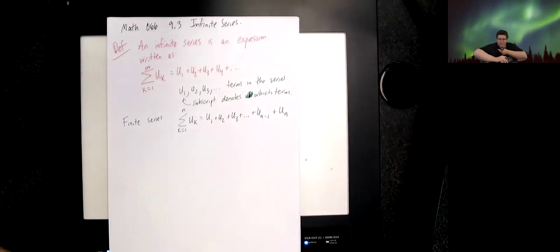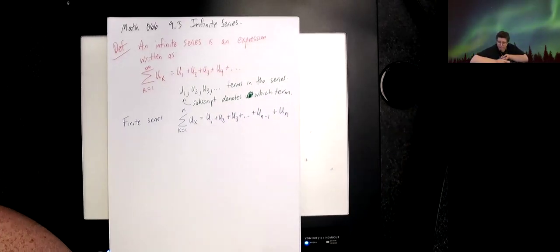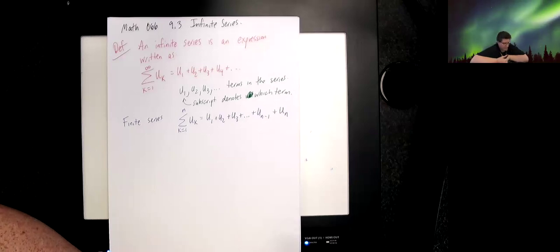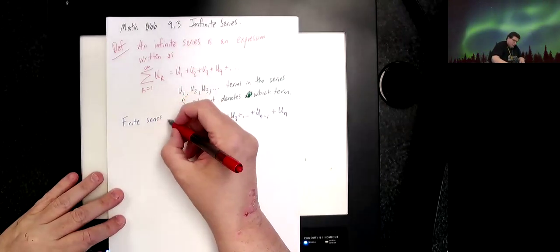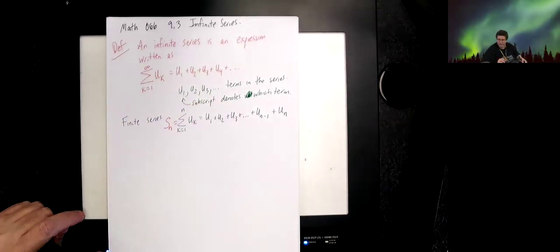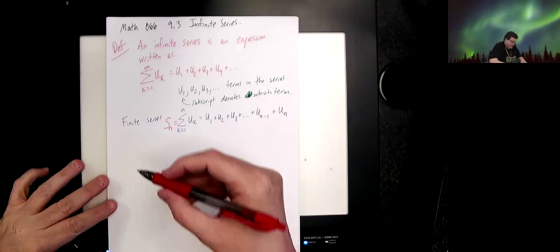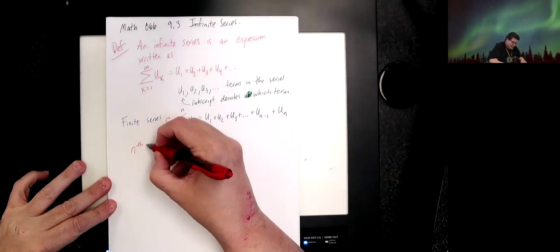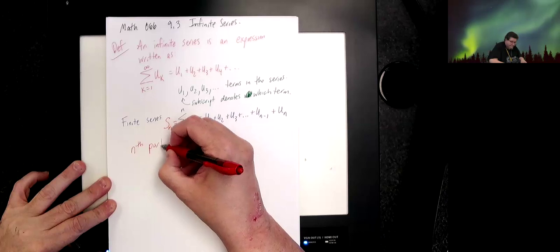And it stops. We call this S sub n, and it is, in words, the nth partial sum.